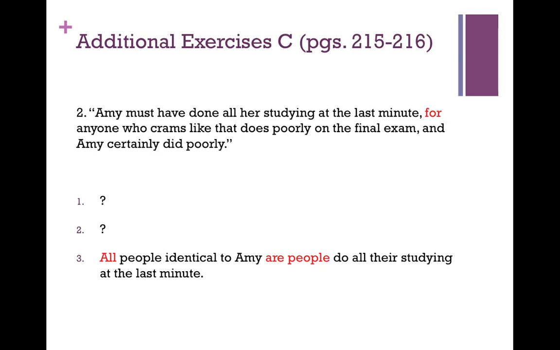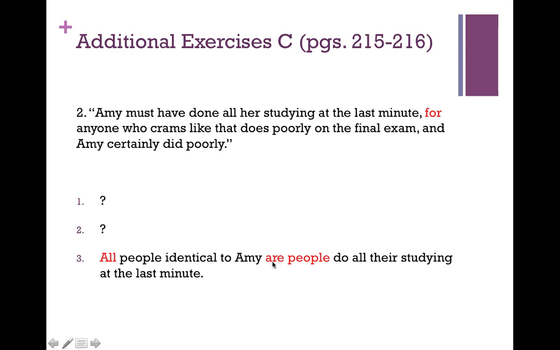But the way we'd understand this sentence or put this into standard form is to say something like this: All people identical with Amy are people who do all their studying at their last minute. And here we are naming a class, which is a class of 1. You can have a class of 1 object, people identical with Amy.